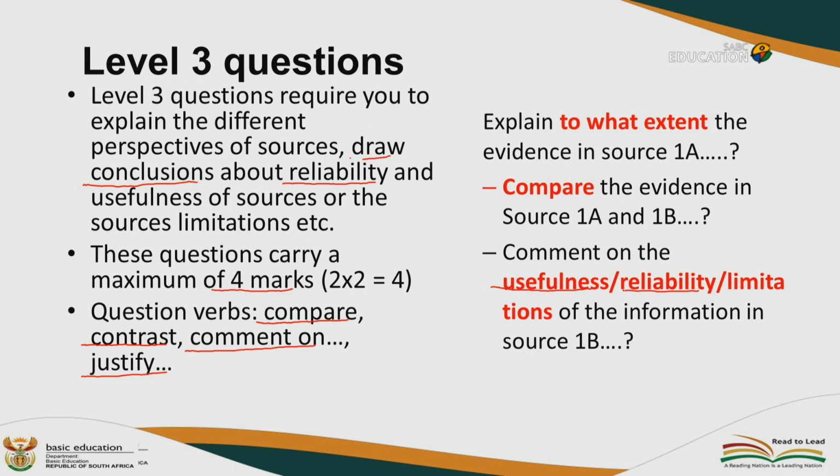So these are the three levels that you need to expect every time you write a history paper in as far as source-based questions are concerned. The 15 marks is divided into three levels: level 1, level 2, and level 3. Now let us look at the way in which question verbs are phrased so that you can understand how to respond if a question comes in this fashion.